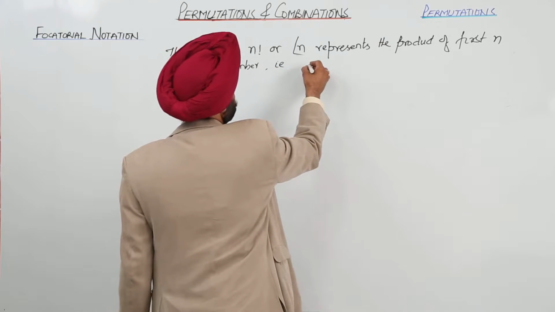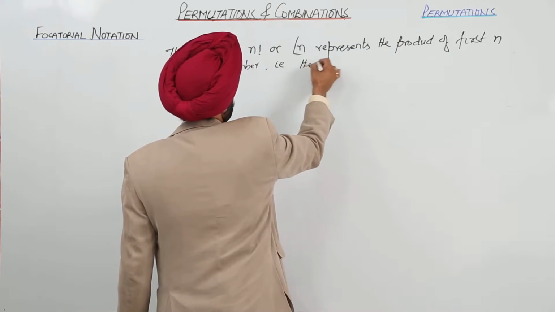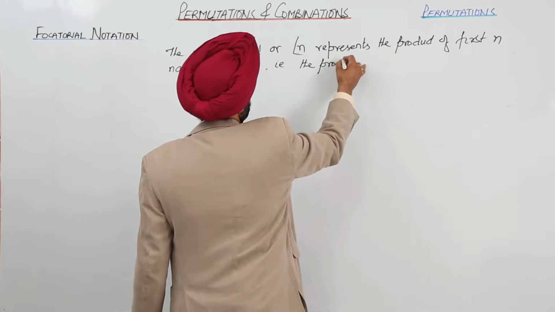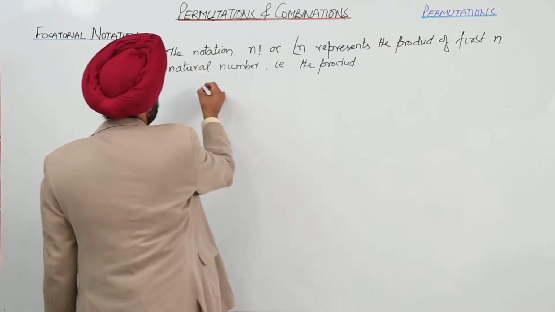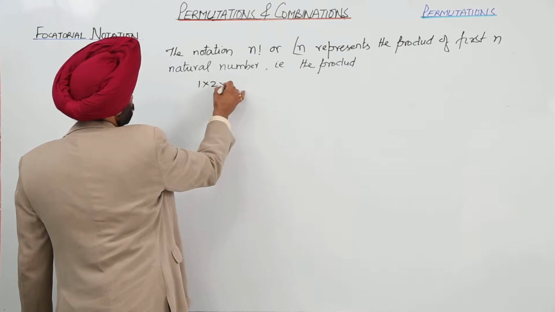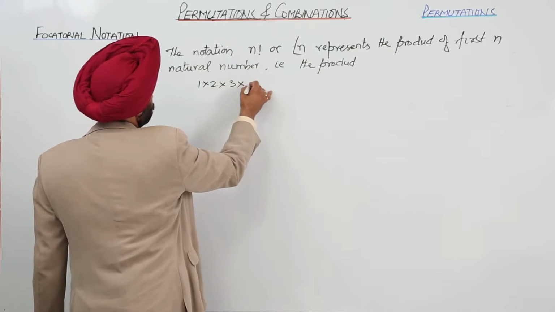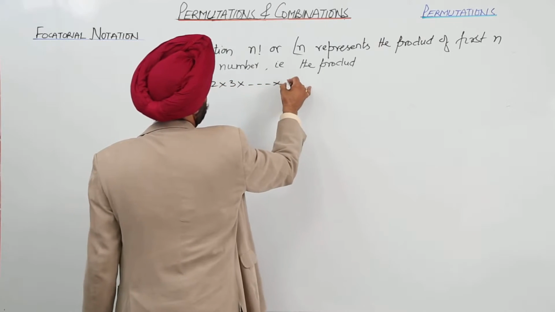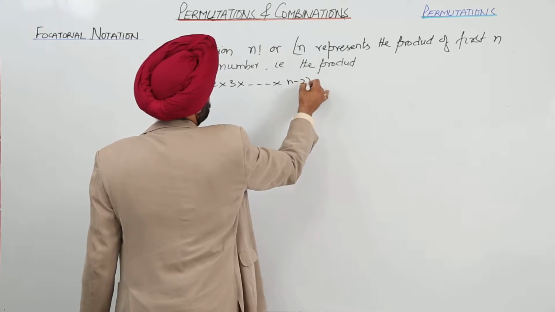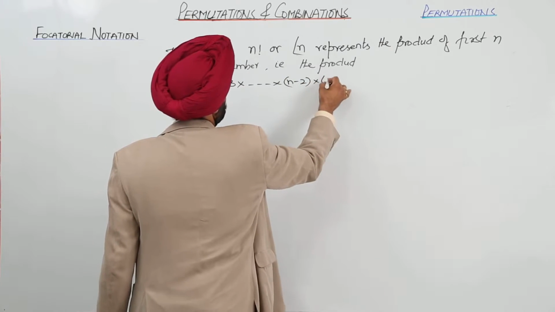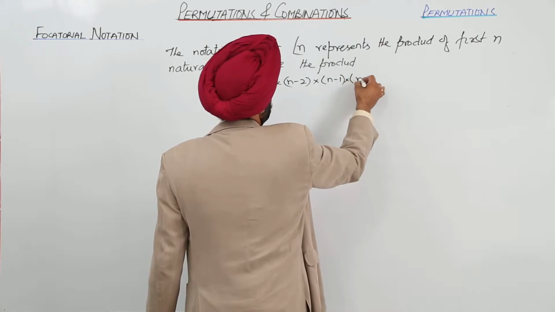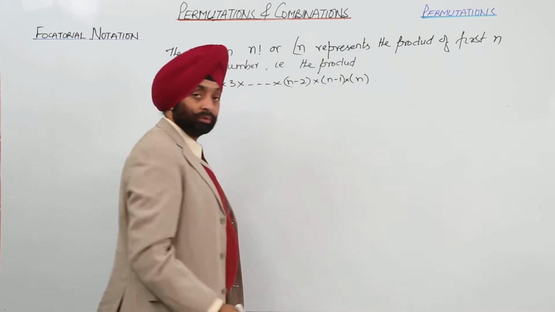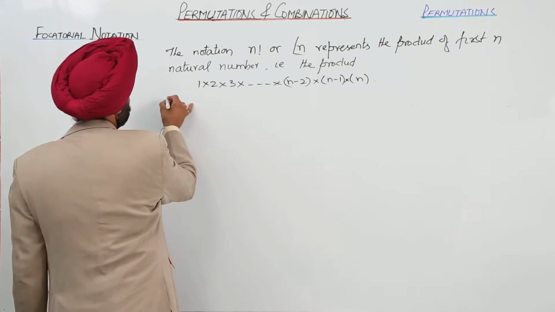For example, the product 1 times 2 times 3 times ... n minus 2, n minus 1, n.